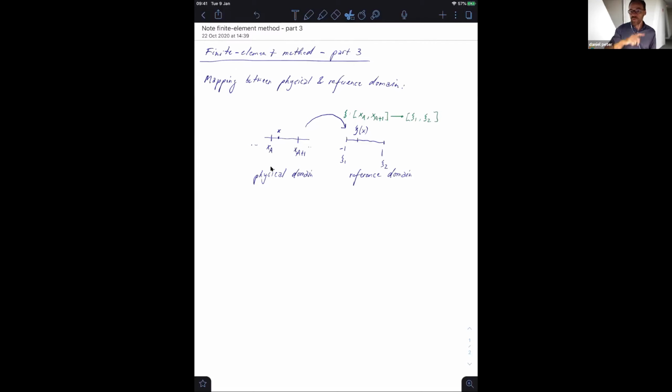All we have to keep track of is this mapping, basically. So the mapping from the physical domain to the reference domain and the inverse mapping.